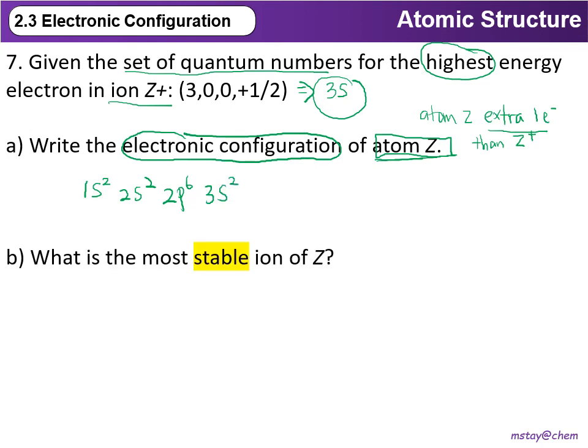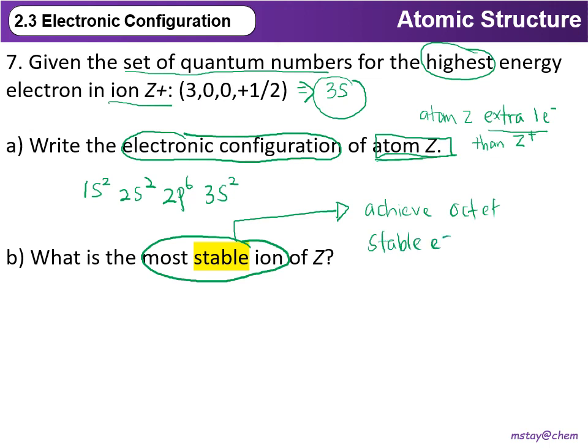What is the most stable ion of Z? Now if Z wants to become an ion, it will not gain electrons, because when we want to be stable, we want to achieve an octet stable electron configuration.